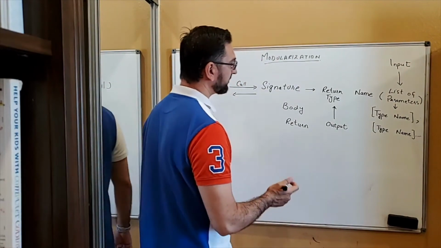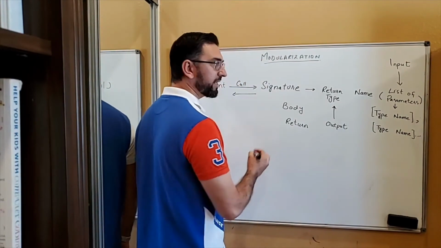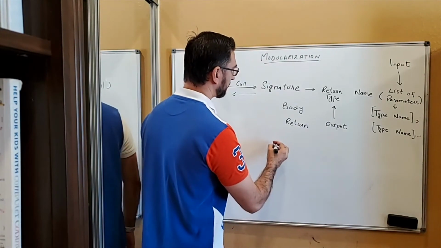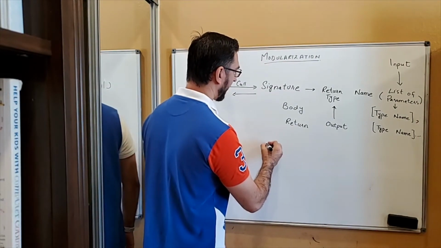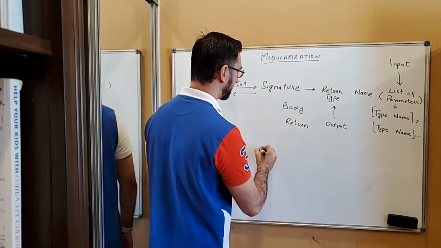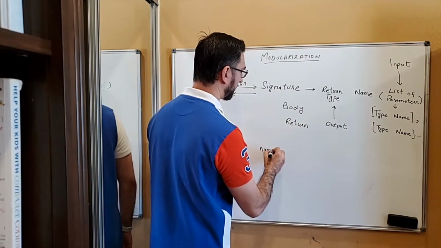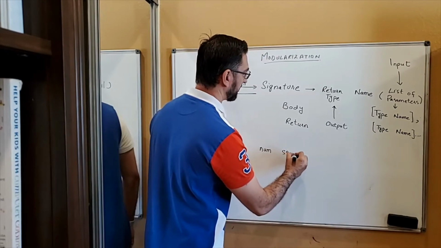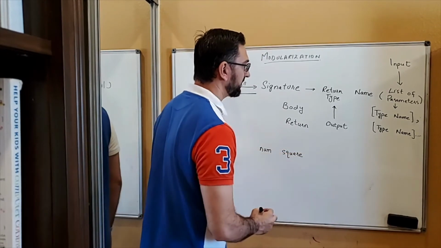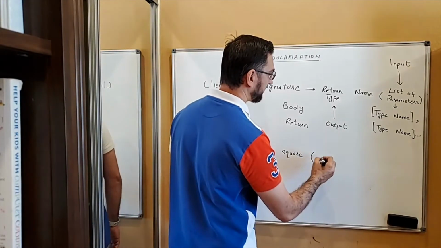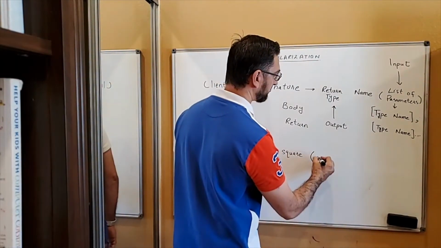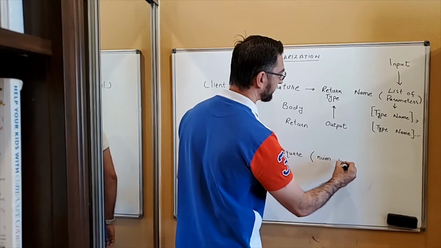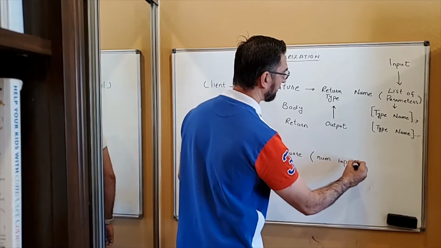Let's take an example. Let's create a square function as we have studied. So the square function actually returns a type number or any numeric type. Its name could be square, and its parameter type is also a number, and the value is, let's just call it a variable name input.